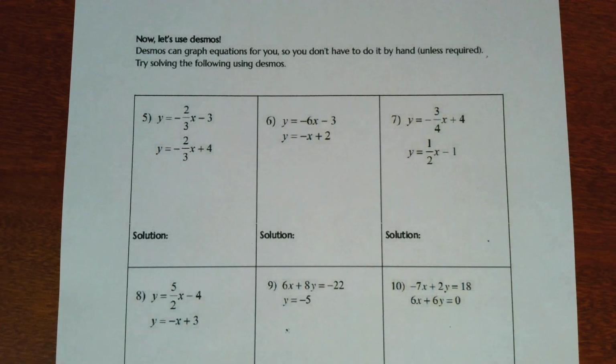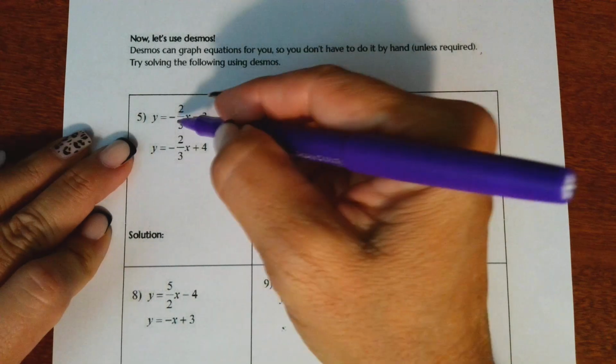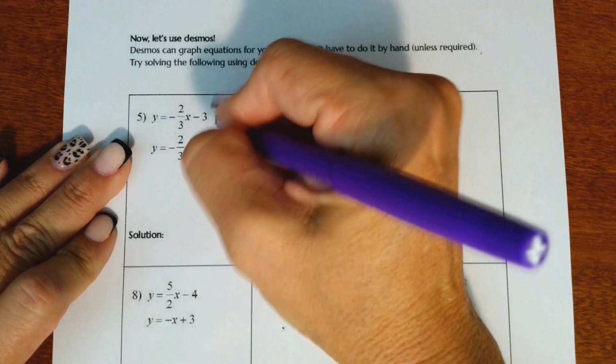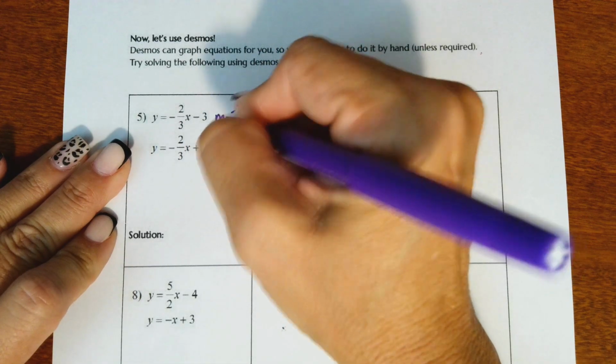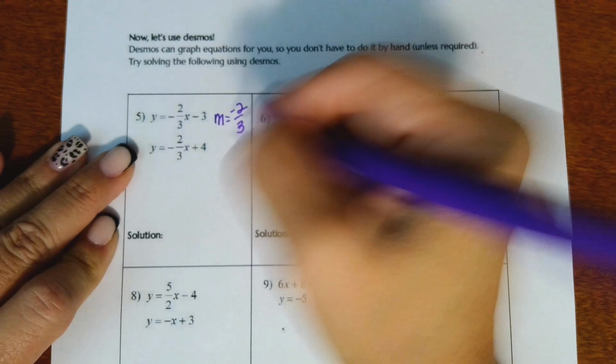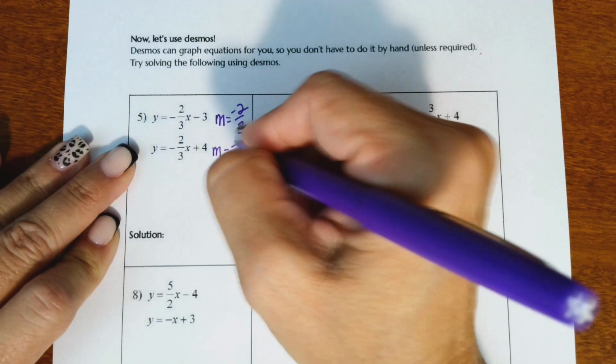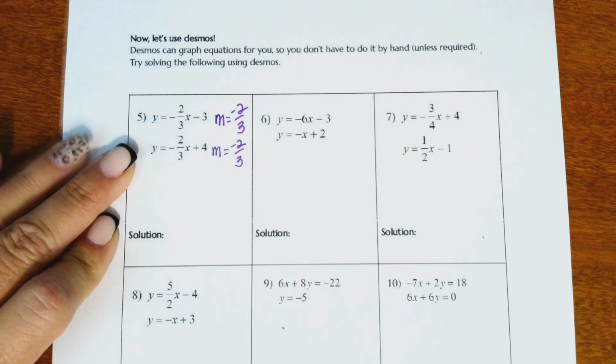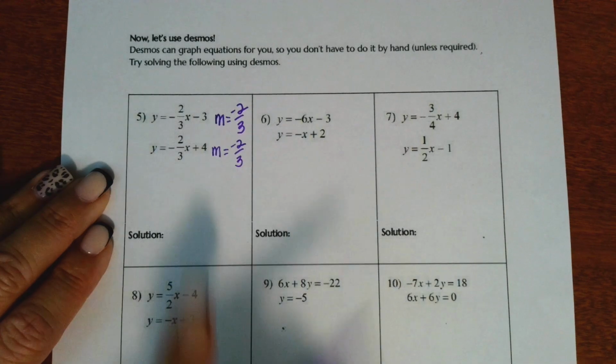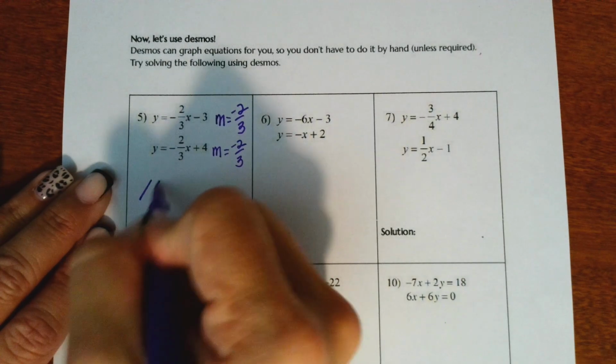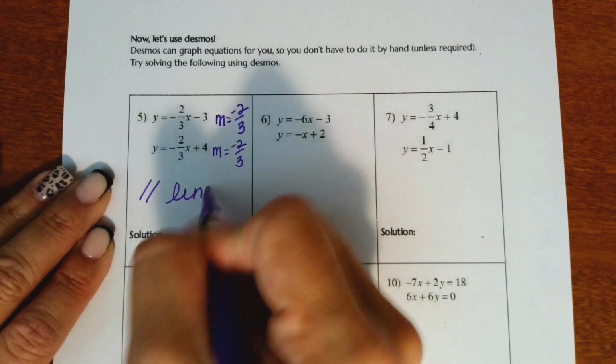Okay, so I want to point out on this first example, if you will notice that in the first equation, the slope is negative 2/3. And in the second equation, the slope is also negative 2/3. That means that these are going to be parallel lines.